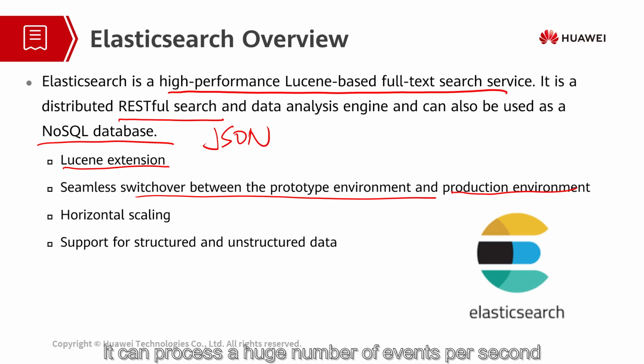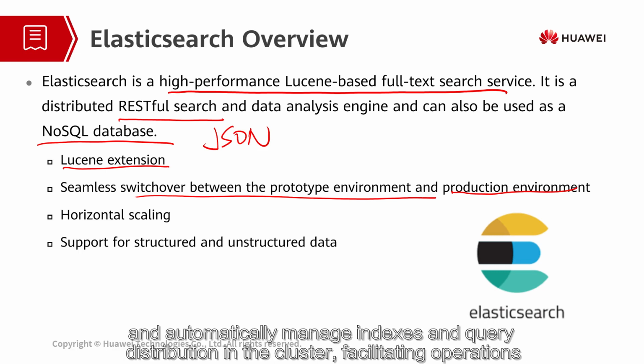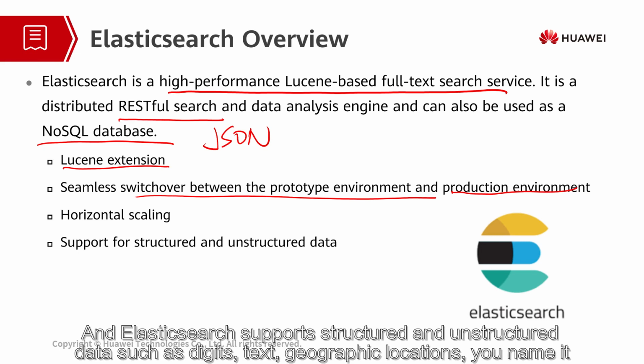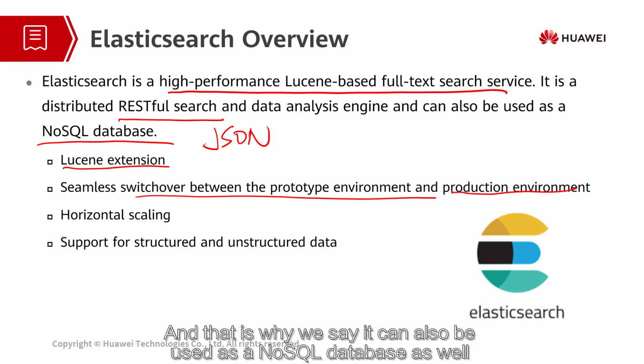It can process a huge number of events per second and automatically manage indexes and query distribution in the cluster, facilitating operations. And Elasticsearch supports structured and unstructured data such as digits, text, geographic locations, you name it. And that is why we say it can also be used as a NoSQL database as well.